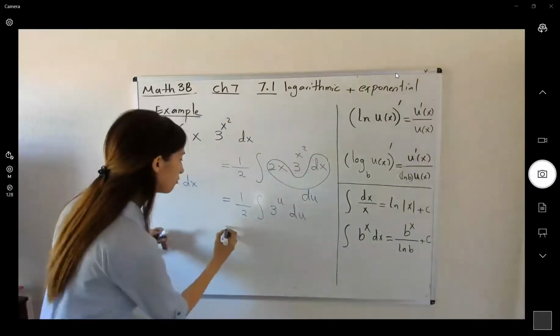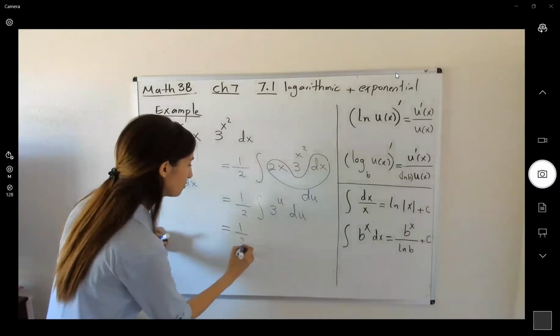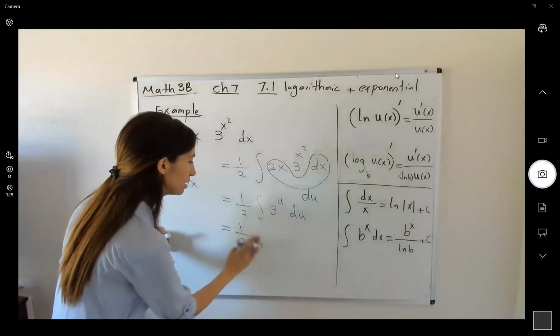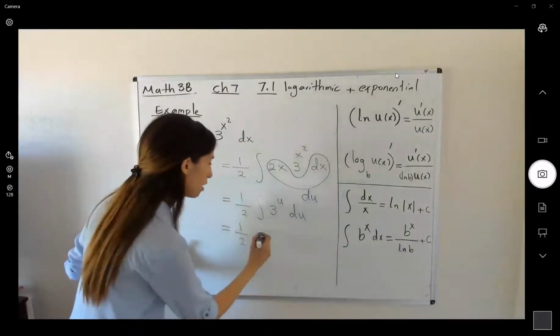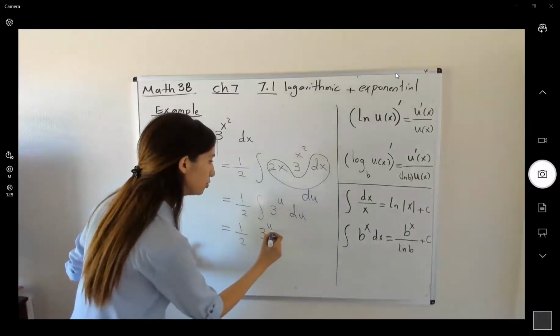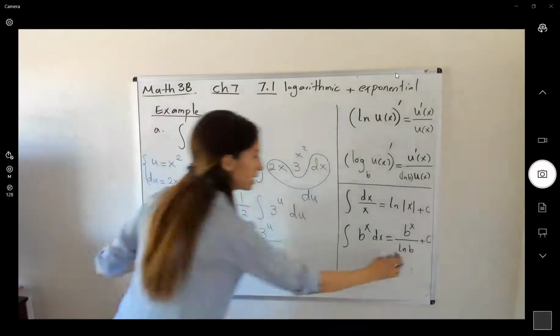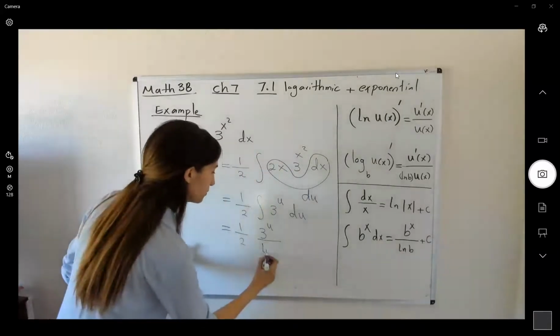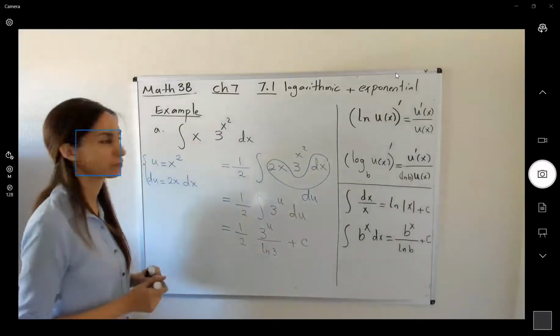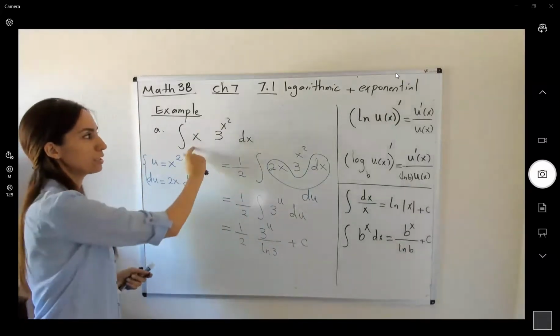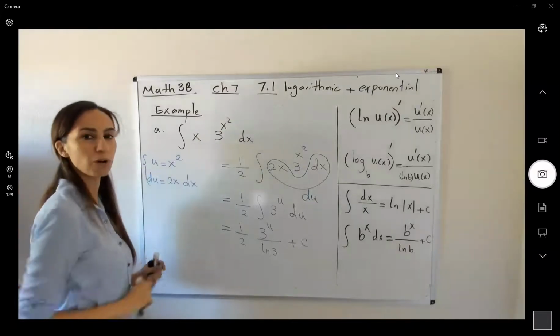We have a half in front of the integral, and we have this integral, which by following the formula is going to be 3 raised to u divided by ln of 3 plus constant of integration. Note that our original integral is in variable x.